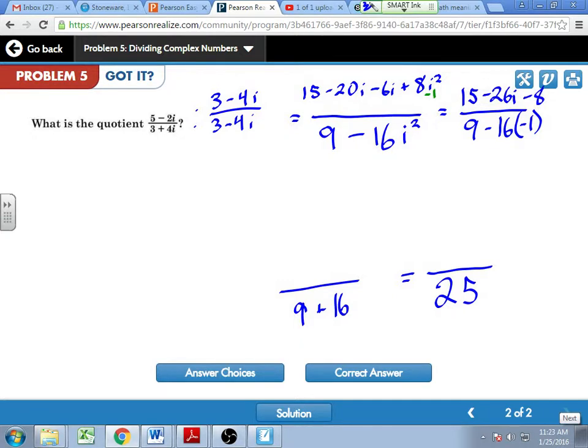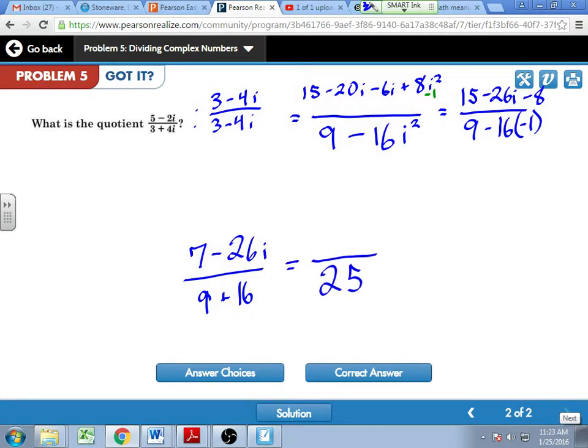I can do the 15 minus the 8. I get 7 minus 26i. So then I can split it to have a real and an imaginary. I get 7 25ths minus 26 25ths i.